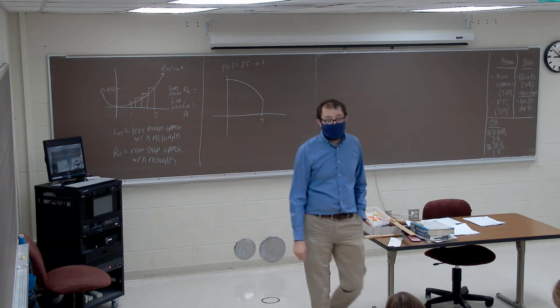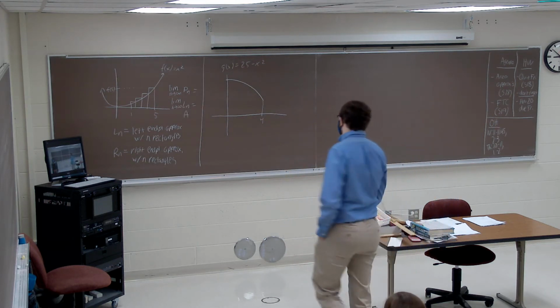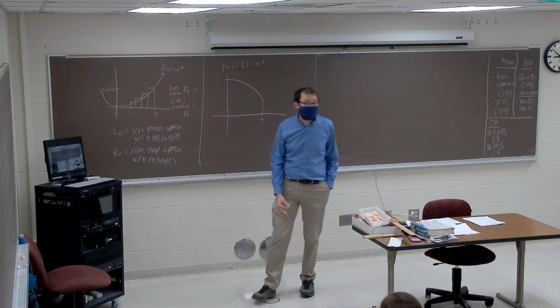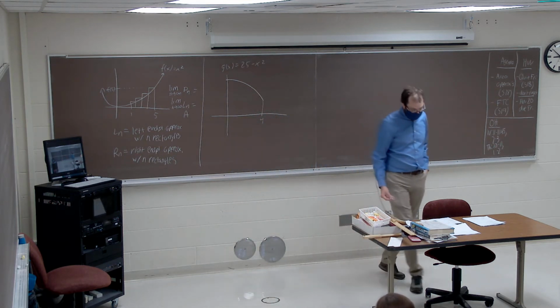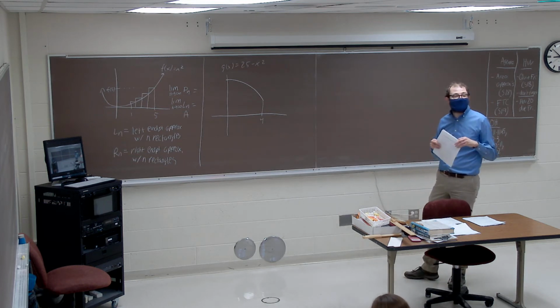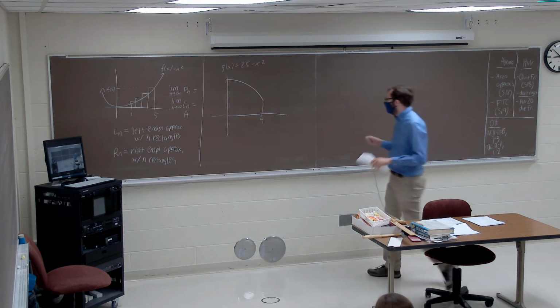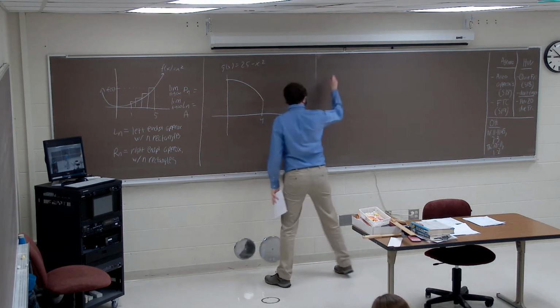Tyra, give me a letter, L or R? L. All right, so Tyra has proposed that we look at a left endpoint approximation for this region. 2 rectangles or 4 rectangles, do you think? Let's start with 4. Okay, so Tyra wants to find L4.